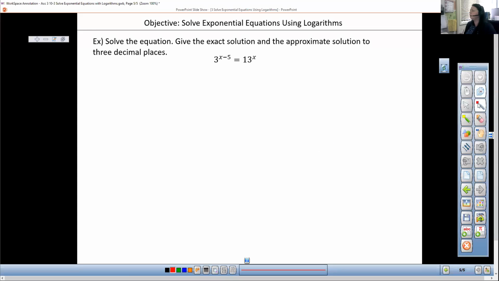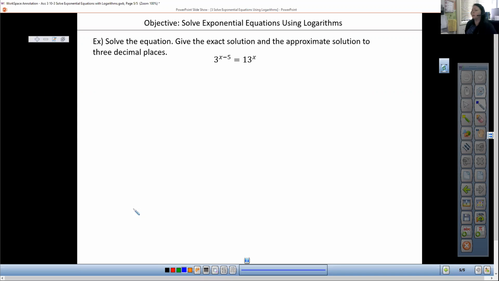All right, so in this final example, we are looking at an exponential equation where we have the variable x in both exponent positions. Our first 2 examples only had a single x in one exponent.